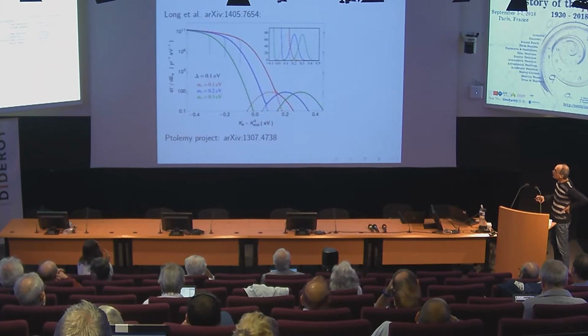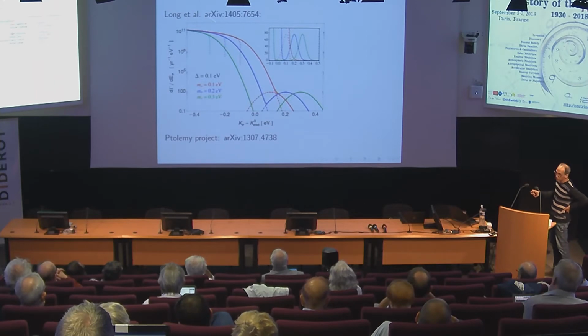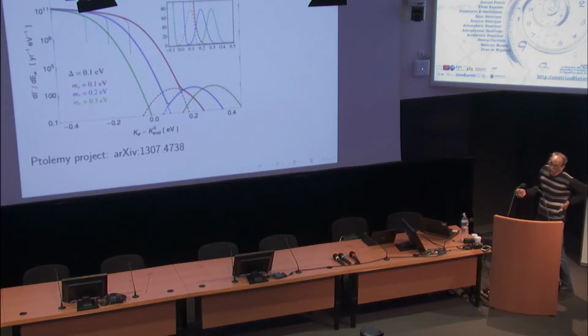So this is actually the PTOLEMY experiment. If you're interested, read this. Some people, mostly centered around Princeton, have a project to do that. It's the ultimate in ambitious experiments, but it's a technique that's similar to the stuff that's done for tritium beta decay.